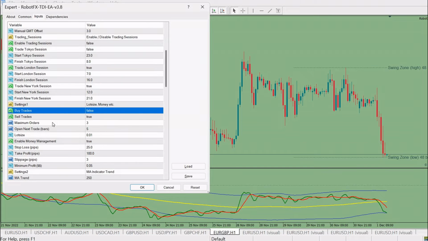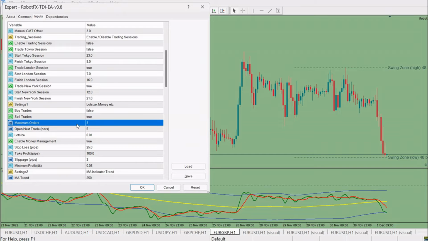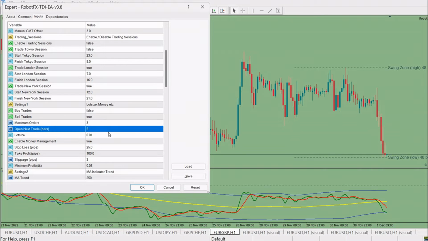Now there's the option to limit the expert advisor from opening too many trades by setting the maximum orders to any number of trades that you want the expert advisor to have open at the same time on the same chart. So setting this to 3 means that as soon as 3 open orders are on this chart, the expert advisor will ignore all the other trading signals.